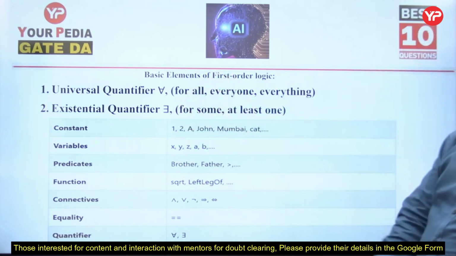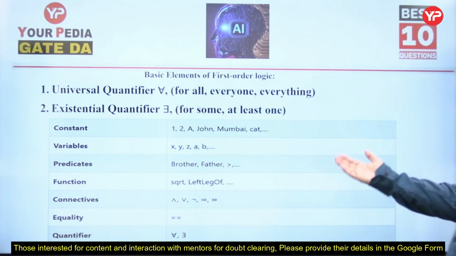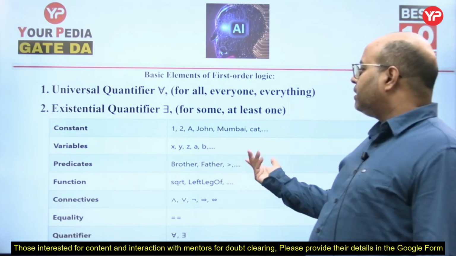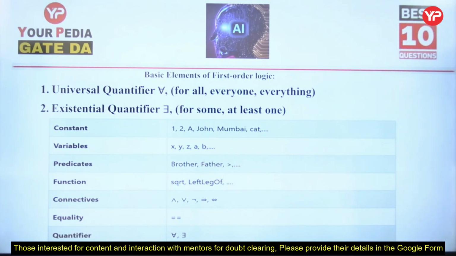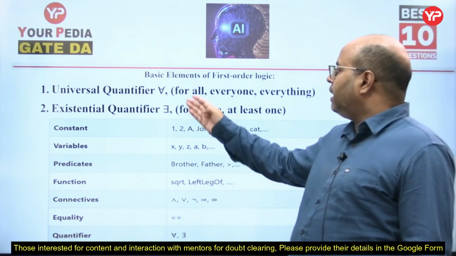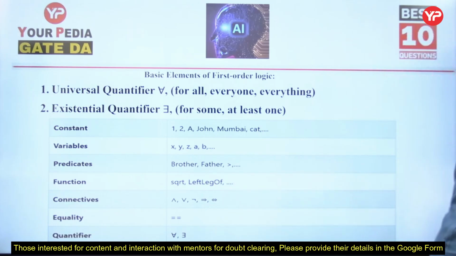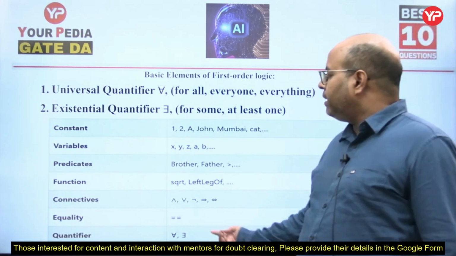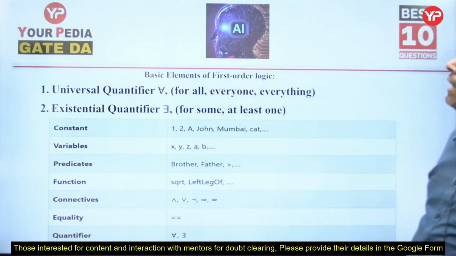And then there are constants, variables, predicates, and functions. Brother and father are predicates, some properties. Then functions like square root, then connectives, then equality, and quantifiers, the universal quantifier and the existential quantifier. So these are the elements. On this basis you can understand the entire predicate logic.